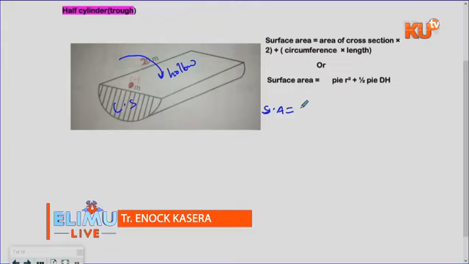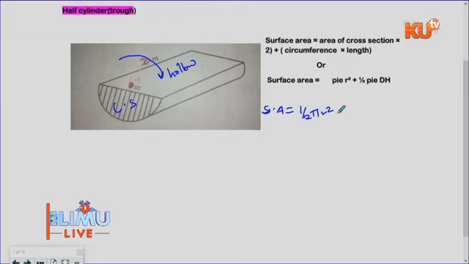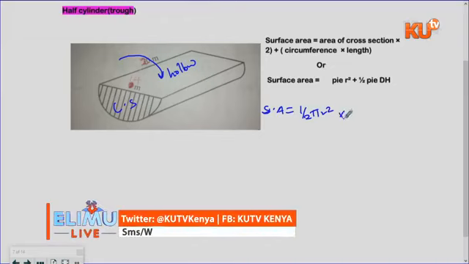The area of a circle is pi r squared, and because there are 2, you multiply by 2. That's why we have the area of the cross section times 2. If you like, you can combine the 2 semicircles and find the area of one circle, so just say pi r squared. But let's just use this because according to the formula we have indicated, the area of the cross section times 2.